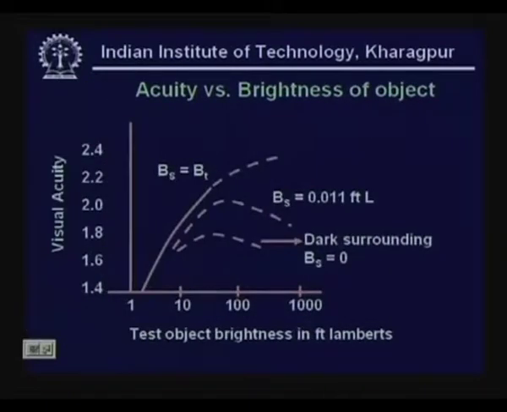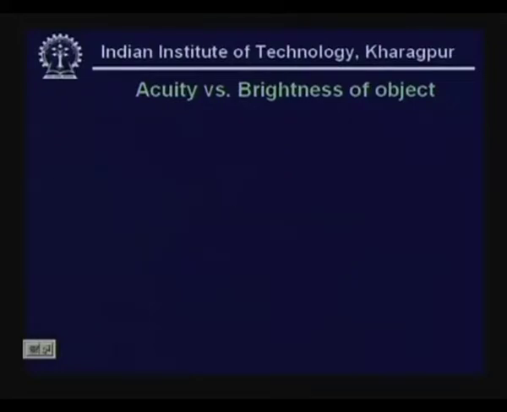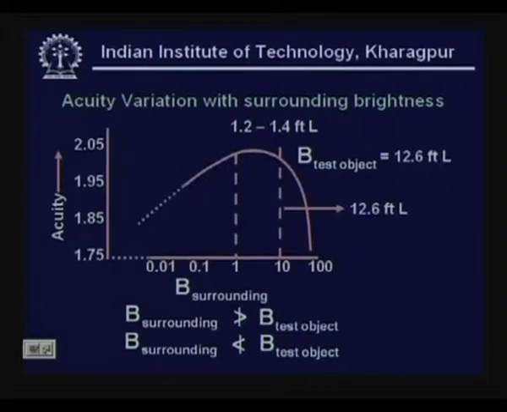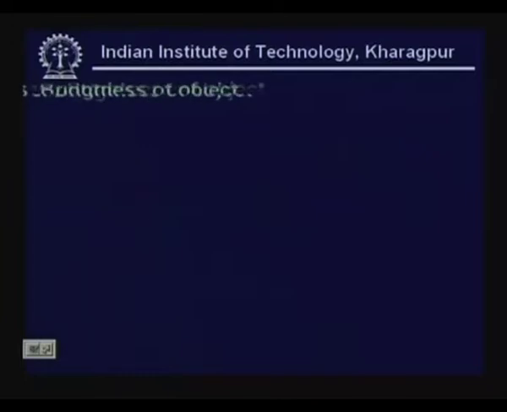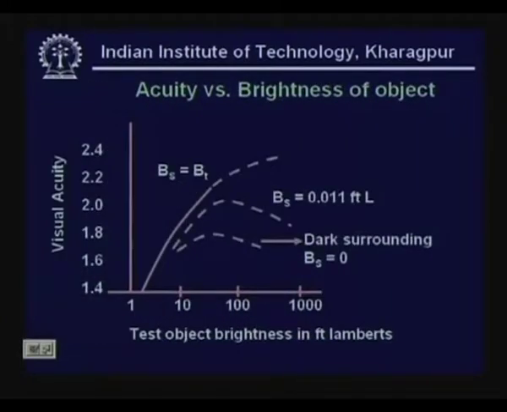Now, this particular thing looked at the other way around. In fact, in the previous diagram we had a look at the variation of the surrounding brightness for a fixed test object brightness and the variation in acuity. Now, let us take the brightness of the object vis-a-vis visual acuity and how it is varying.